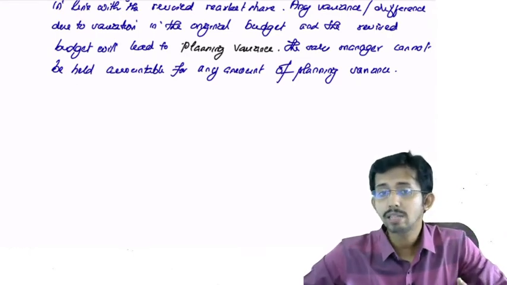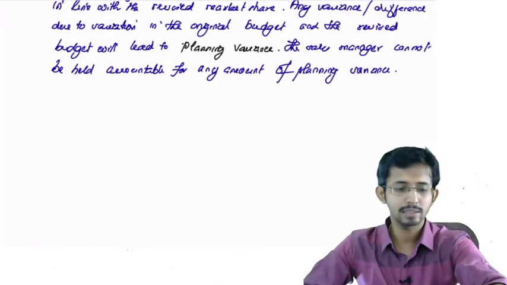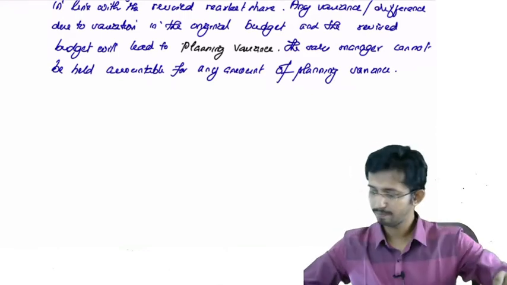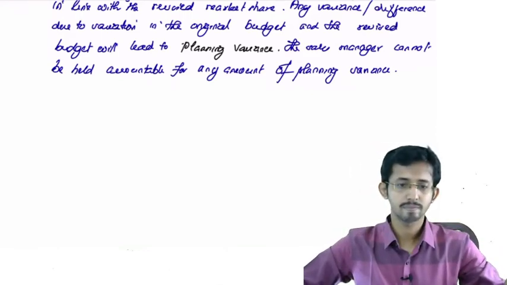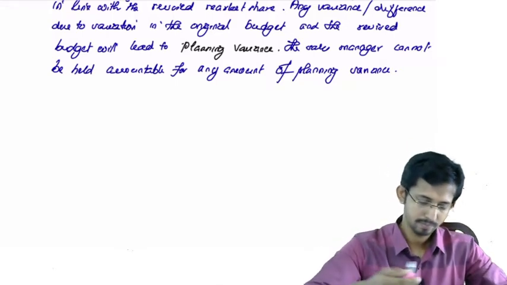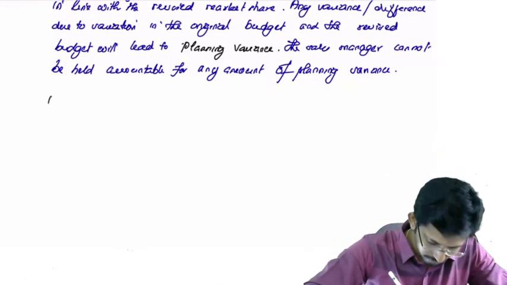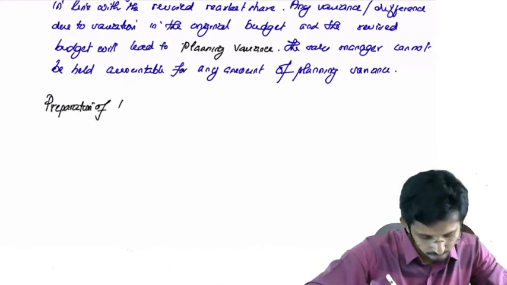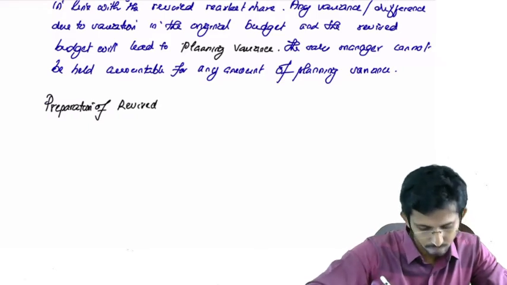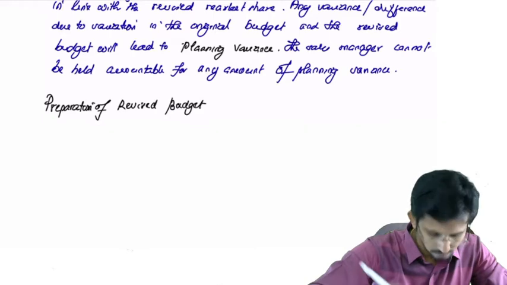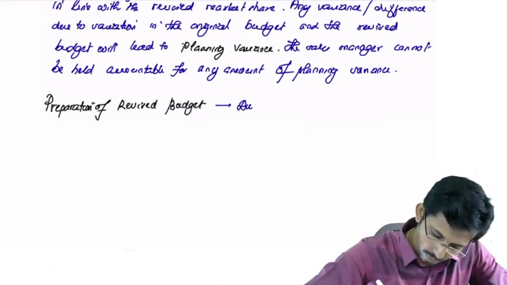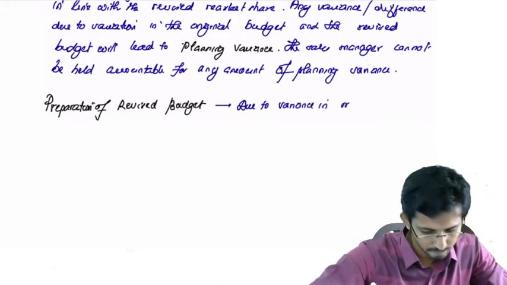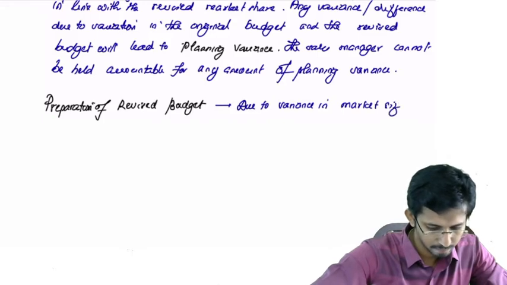Okay, now to prepare the planning variance, what do you need? You need to prepare a revised budget. Okay, now how to prepare the revised budget? You can write the heading, preparation of revised budget due to variance in market size.